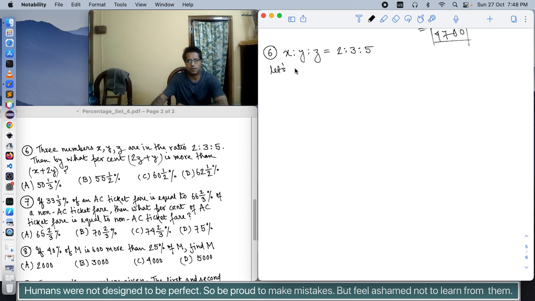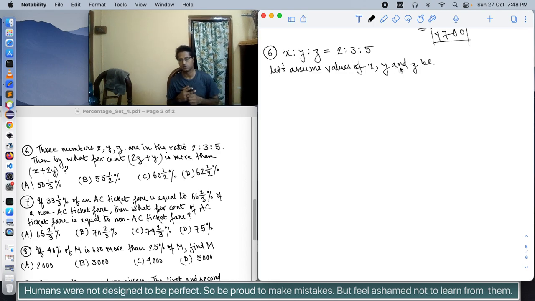Let's assume the values of x, y and z to be... usually if there is a ratio 2:3 between two quantities, we assume the values to be 2x and 3x. But since x is already given in the problem, we will use some other variable.